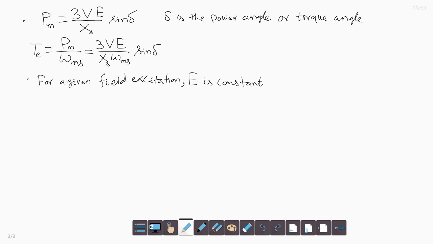The relative speed is fixed. So, E is constant. So, P m, the electromechanical power, and the torque are proportional to sin delta.